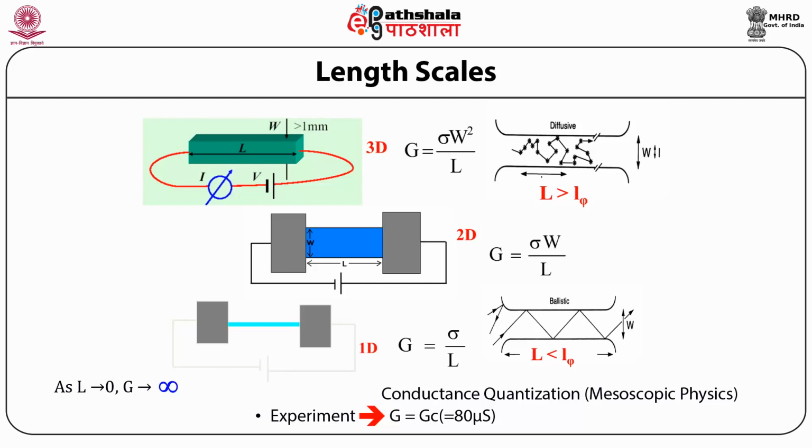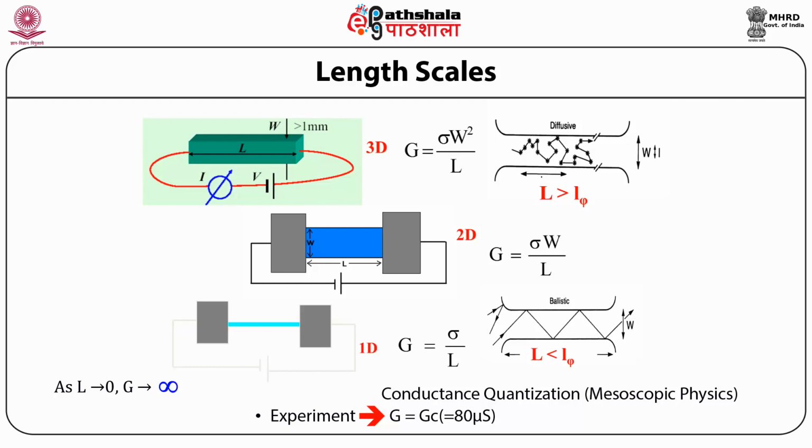In this scenario, Rolf Landauer in 1957 proposed that the magnitude of the resistance, as shown in this 3D case, is determined exclusively by the contact pads in a mesoscopic conductor.